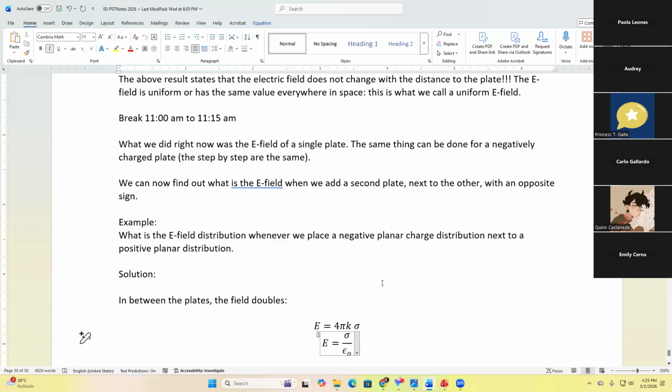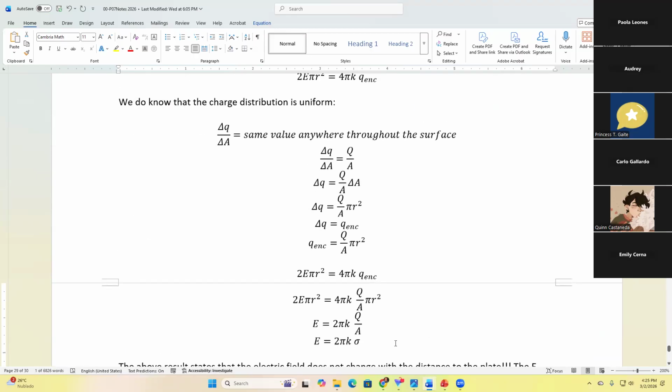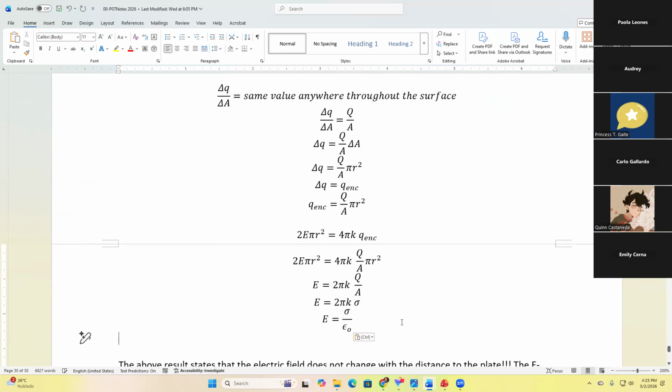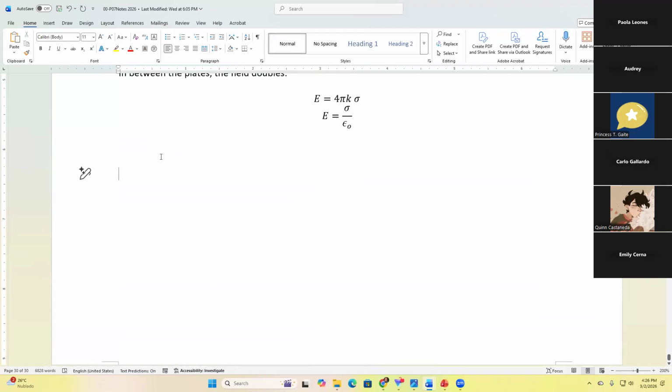Okay. And here too, in that previous result, right, I can write it as sigma over 2 epsilon naught. Notice that this field is half of the other one. Outside the volume between the plates, the field is negligible, E equal to 0.